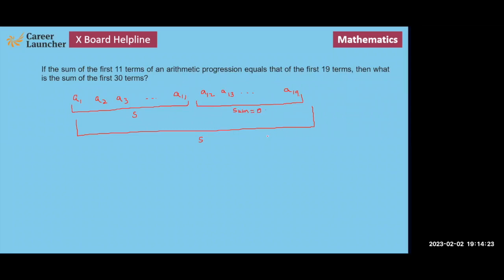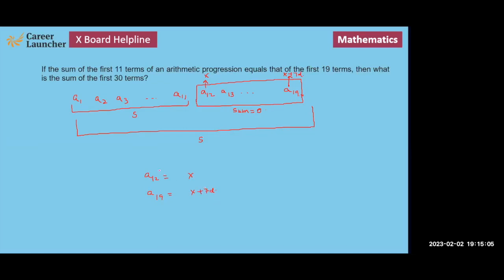This sum is equal to 0. So basically, suppose I say that A12 is equal to X, and this is going to be X plus 7D. So our A12 is equal to X, and then A19 is equal to X plus 7D.